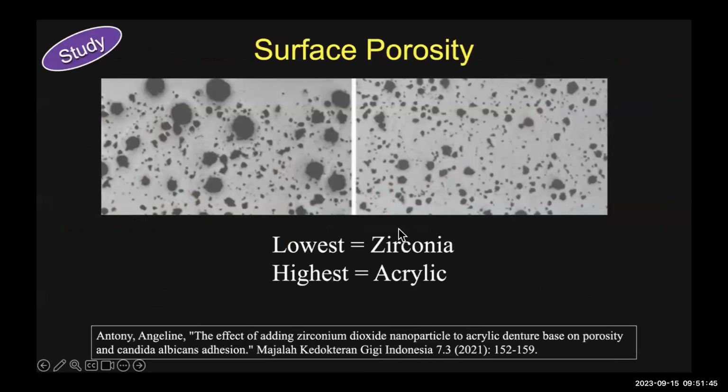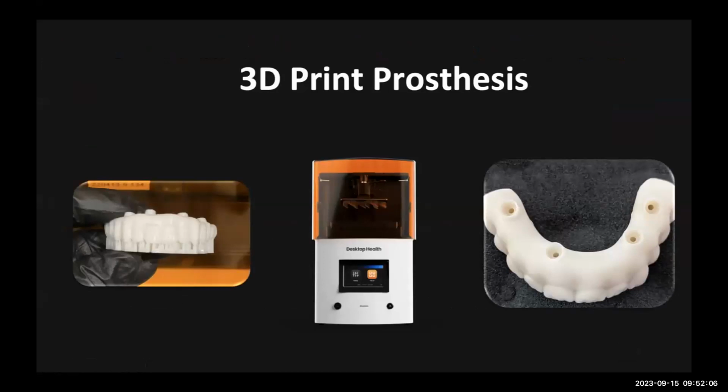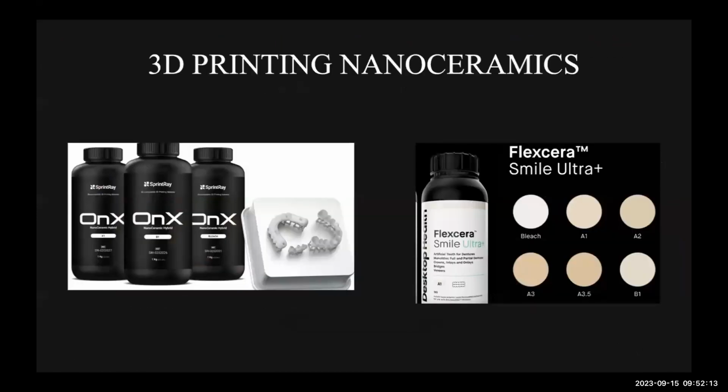If we look at other studies, here is surface porosity. As I said earlier, we need porosity for that helical formation, which allows the biofilm to adhere. So if we look at the lowest porosity, it's zirconia. Highest is going to be acrylic. And acrylic is problematic. And why is that? Because we're getting more of these 3D printed prostheses. Even though a lot of them are interim, these nanoceramics are more porous than the zirconia.